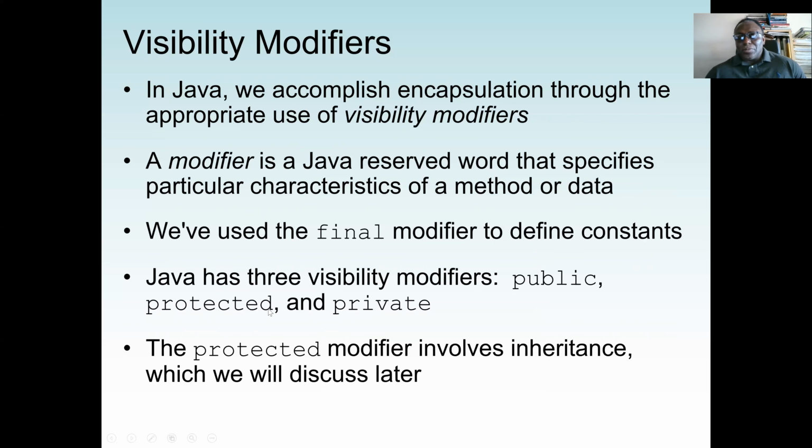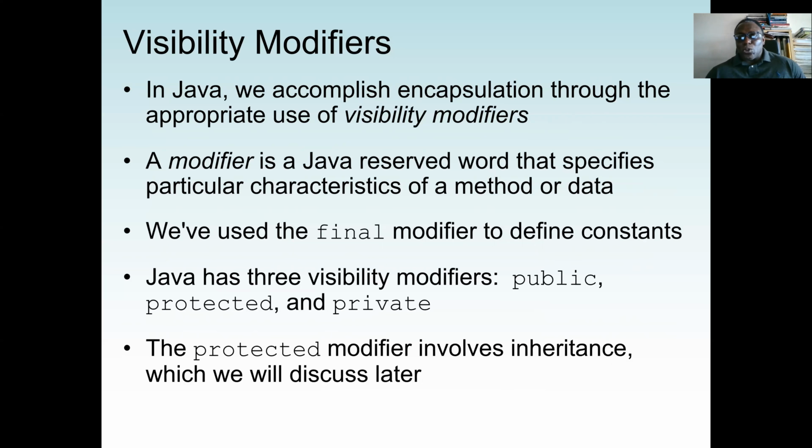Protected comes with the concept of inheritance. For example, I have two classes, class A and class B. If class B inherits some data members from class A, then class A becomes the parent and class B becomes the child. Sometimes we use the terms superclass and subclass.